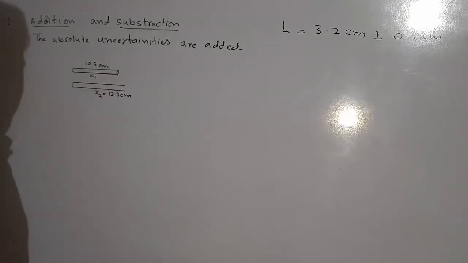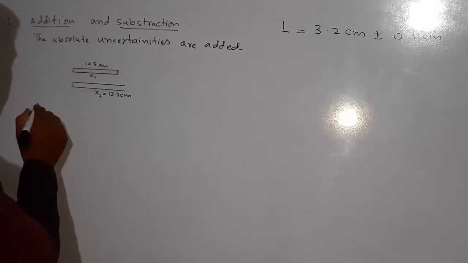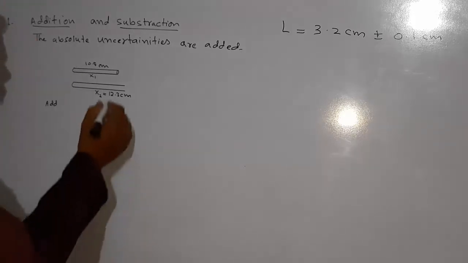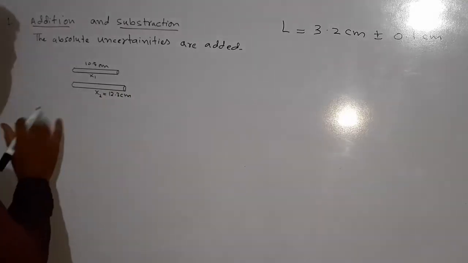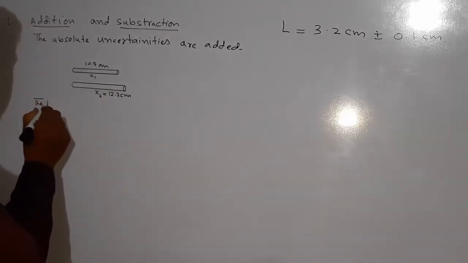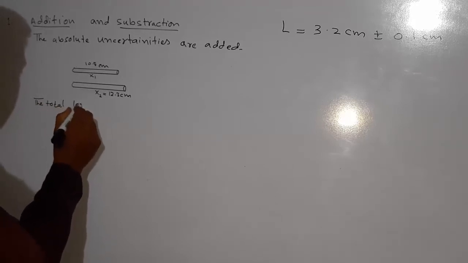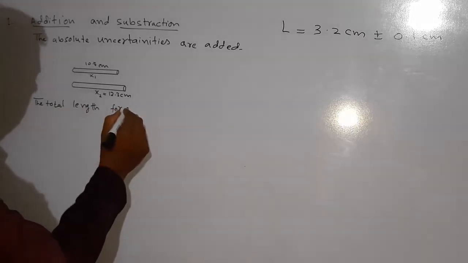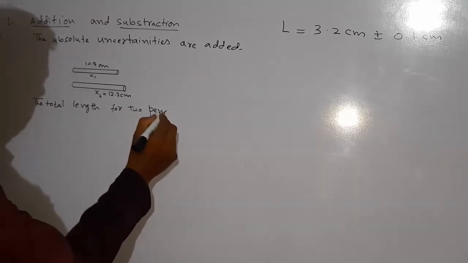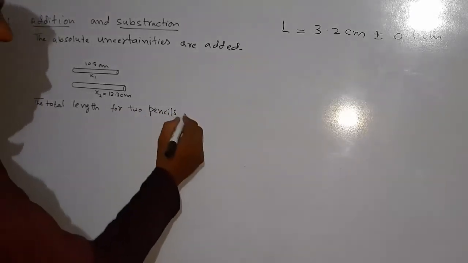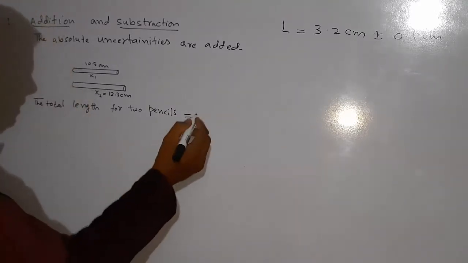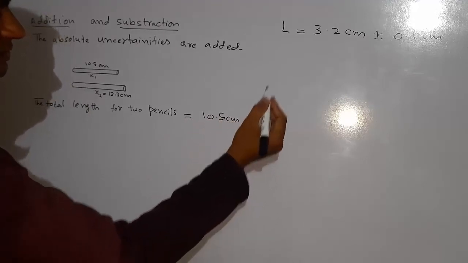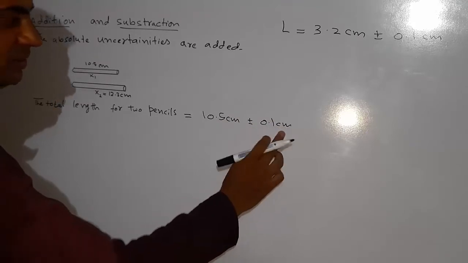Now, if you want to add these two lengths, if we require addition, the total length for the two pencils we can write as follows. The first one is 10.5 centimeter plus minus 0.1 centimeter. Why are we writing plus minus 0.1 centimeter?